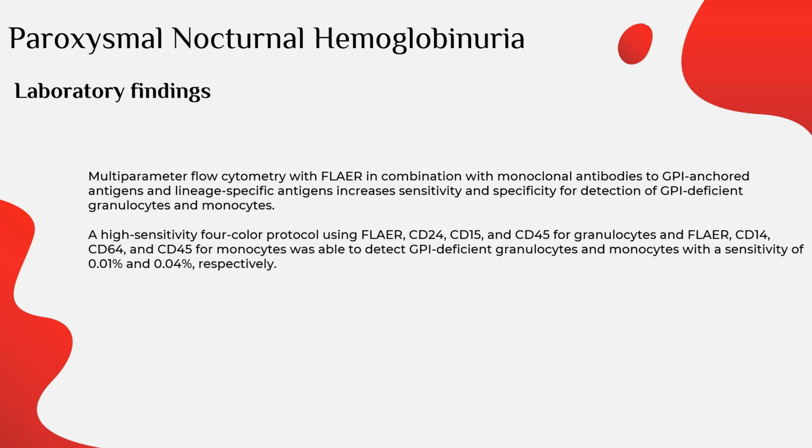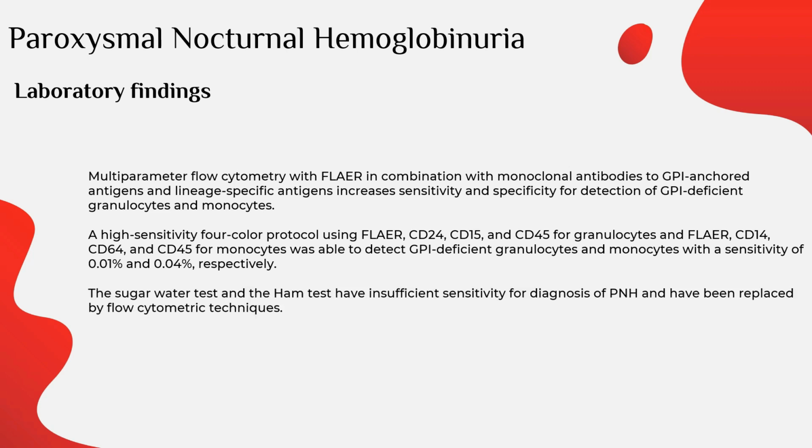A high-sensitivity four-color protocol using FLAER, CD24, CD15, and CD45 for granulocytes and FLAER, CD14, CD64, and CD45 for monocytes was able to detect GPI-deficient granulocytes and monocytes with a sensitivity of 0.01% and 0.04%, respectively.